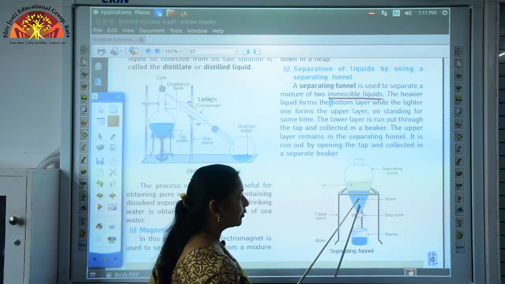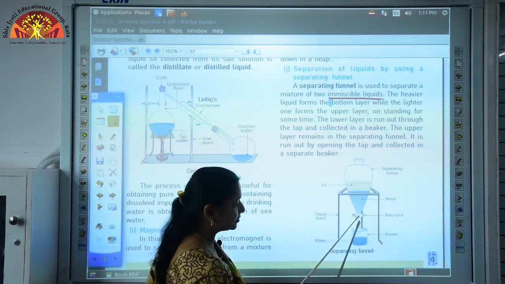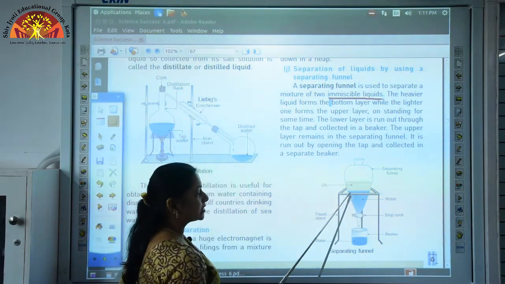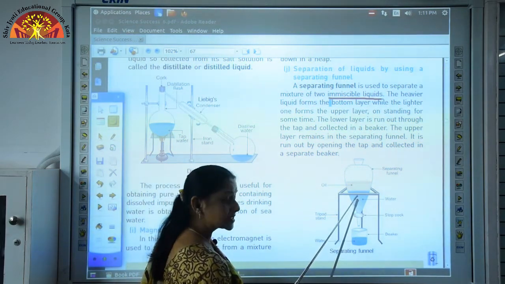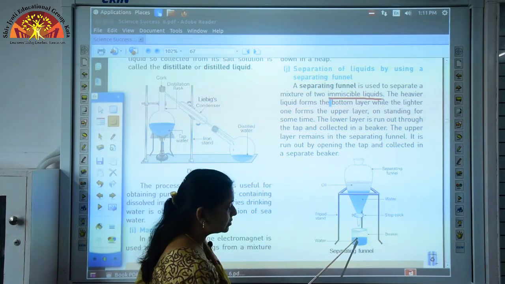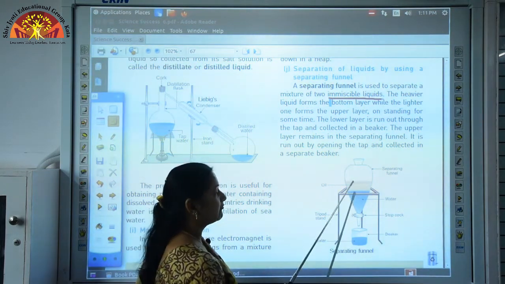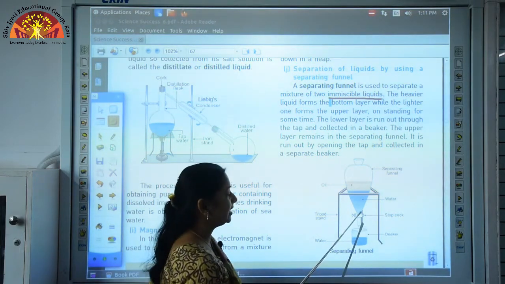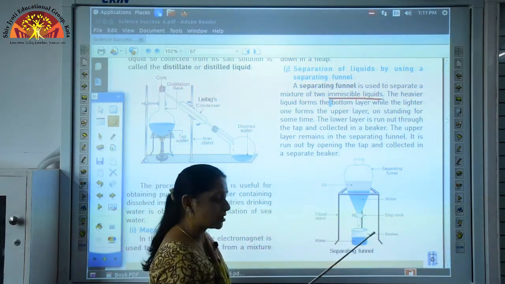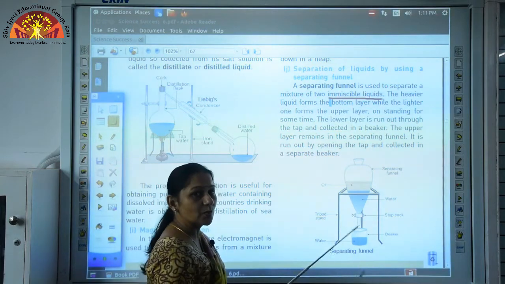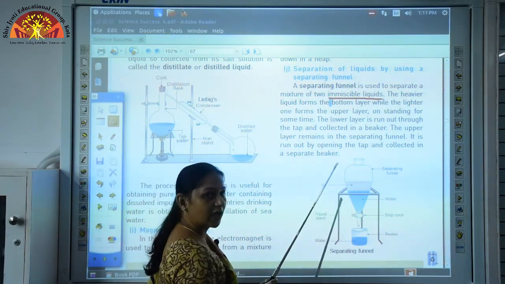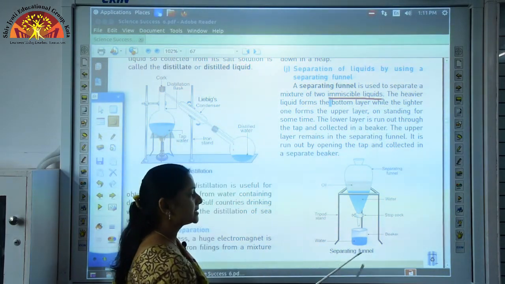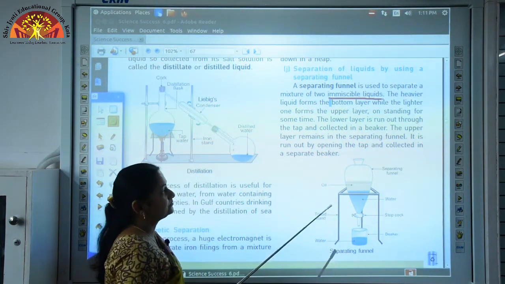When we open up this stopcock, the liquid which is below is allowed to flow out and it separates, and when the layer of oil comes, we immediately shut down this stopcock, and in this way we are able to separate heavier liquid from a lighter liquid by using a separating funnel.